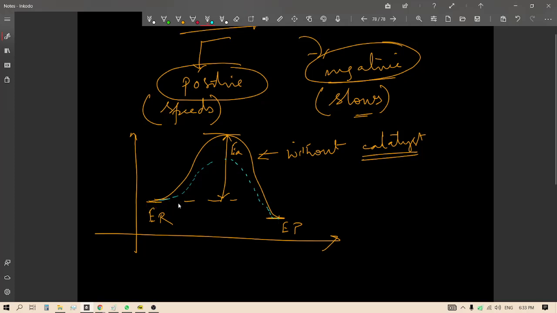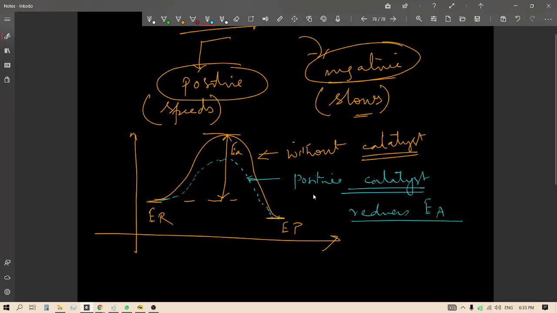It does not hamper the energy of the reactants, nor the energy of the products. What it does is reduce the activation energy. So a positive catalyst reduces activation energy. When the activation energy is decreased, the time taken by the reactant to reach this value is far less than the time taken to reach this value. So this time decreases, and for that reason the reaction speed increases.